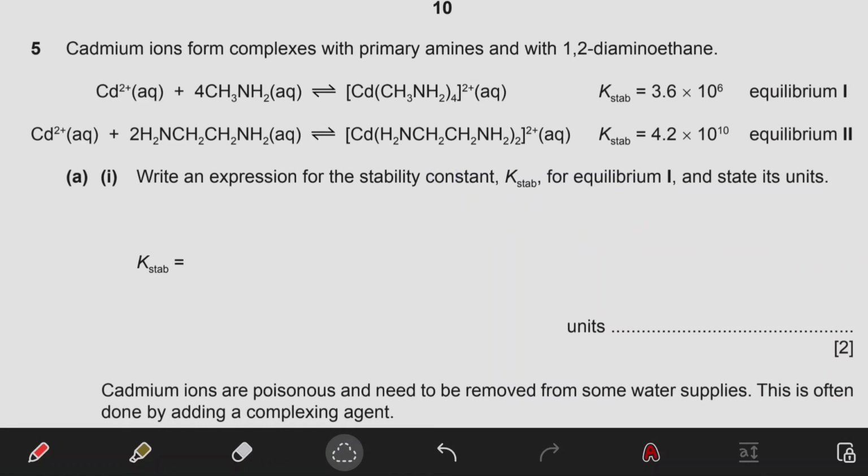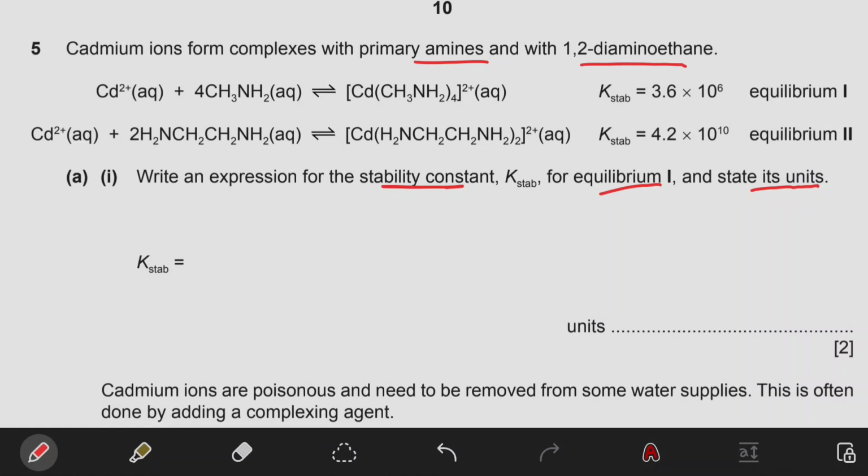Cadmium ions form complexes with primary amines and with 1,2-diaminoethane. Okay, so this is shown. Write an expression for the stability constant Kstab for equilibrium 1 and state its units.